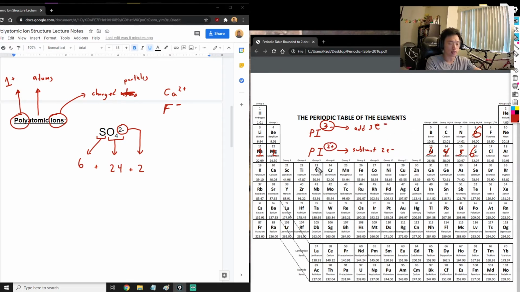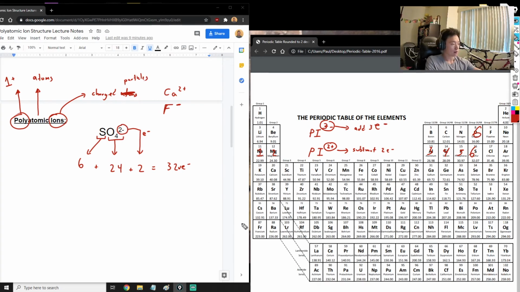The charges just tell you whether you add or subtract electrons at the end. In the case of SO4 2-, since it's a negative charge and electrons are negative, you're going to add 2 electrons. So in this molecule, we're going to be working with 32 valence electrons. These are very simple. It's exactly the same as what we've been doing. You just need to make sure you add or subtract the correct number of valence electrons based on the charge.